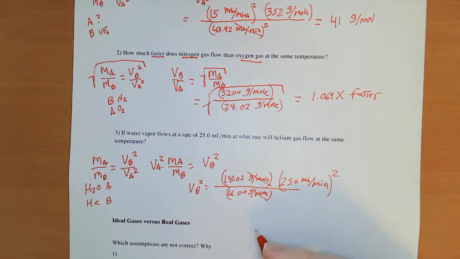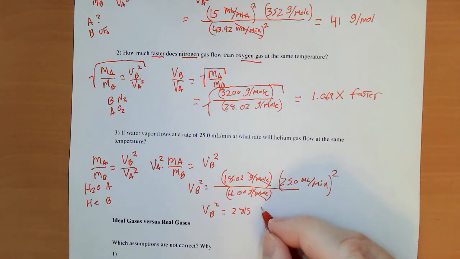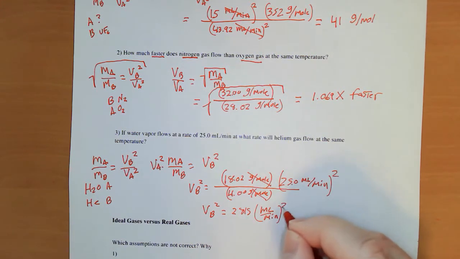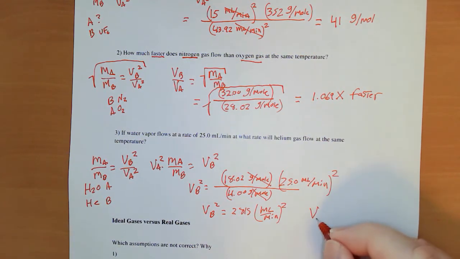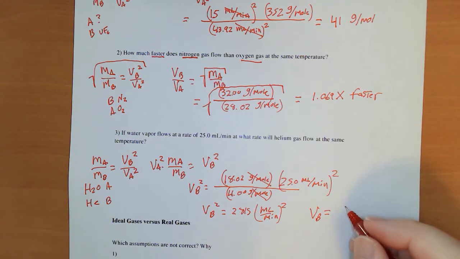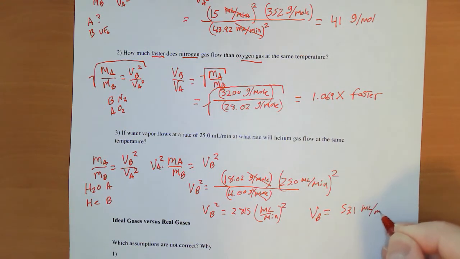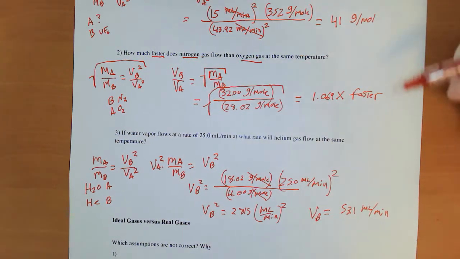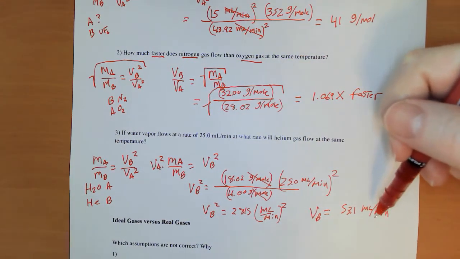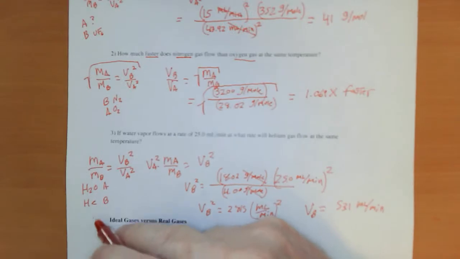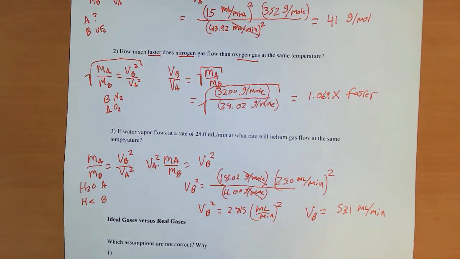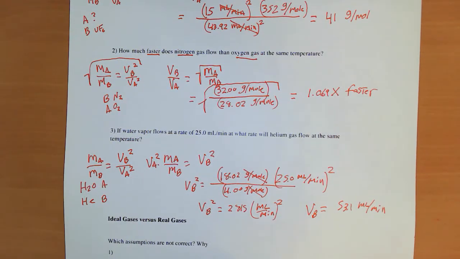That cancels that. Velocity of B squared is 2815 milliliters per minute squared. So I take the square root, and the velocity of B is about 53.1 milliliters per minute. And it should be going a lot faster because helium is a lot lighter than water is.